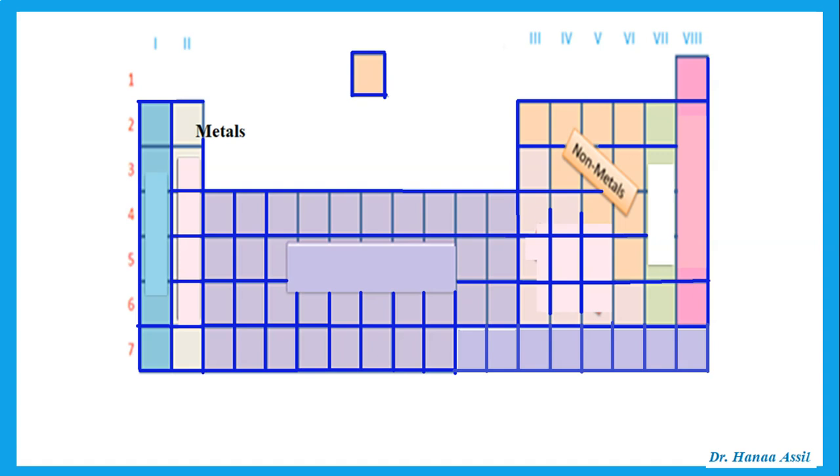If we look at the periodic table, remember the metals are groups 1, 2, 3 and everything in between. From group 4 to the right end of the table, these are non-metals. You should know that group 1 are called alkali metals.